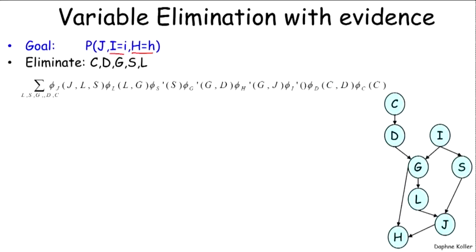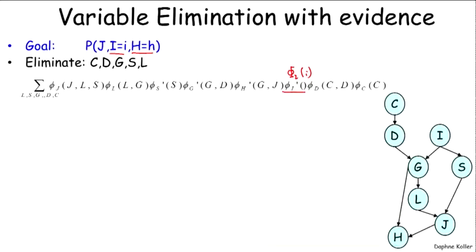And so we see here, for example, that whereas phi I initially depended on I, now it doesn't depend on anything because this is simply the value phi I of little I, which is a constant.